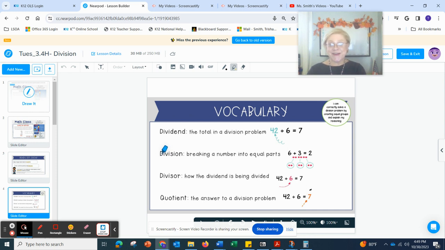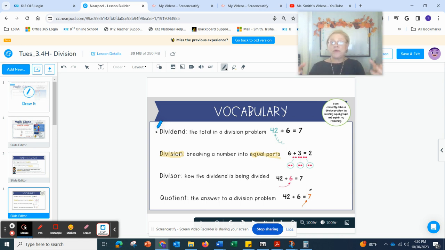Let's start with our first word, division. Division, right here, breaking up a number into equal parts. Remember that equal parts right there. That is the key. Now, dividend. Remember, Titan had that great divide into. Love it. Let's keep using that.